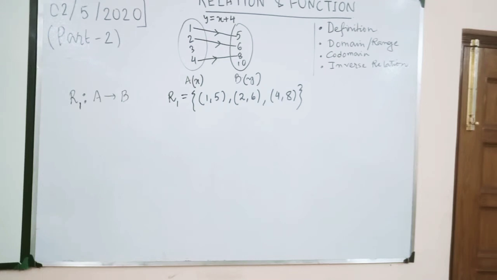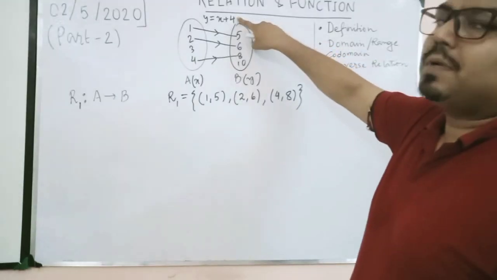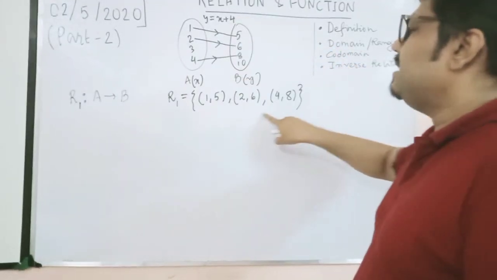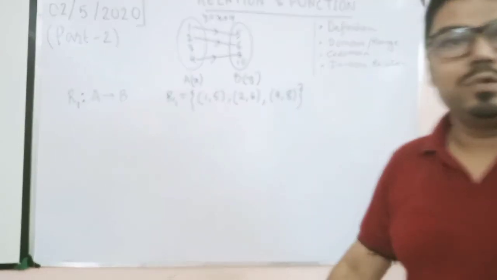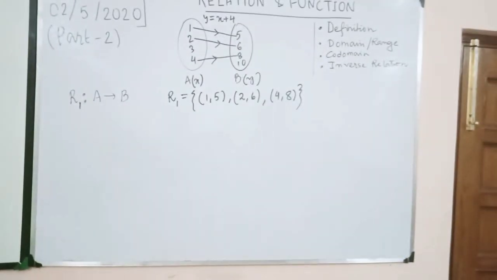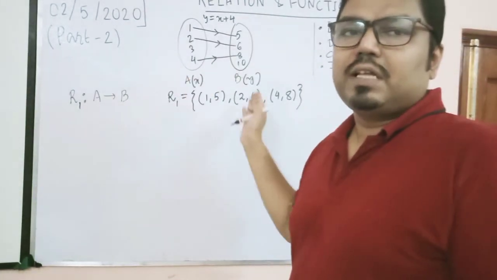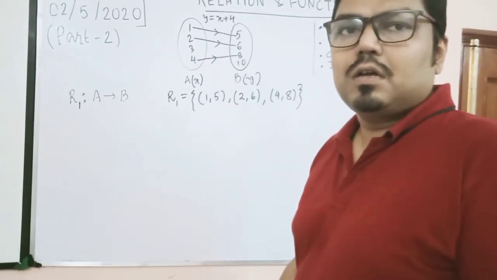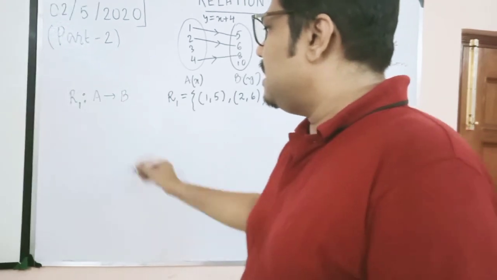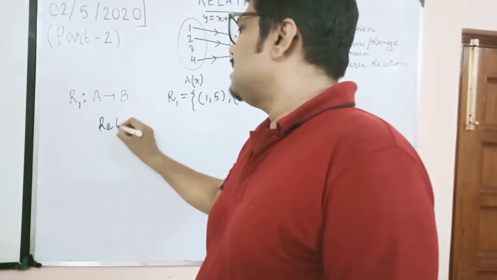The condition y equals x plus 4 is obeyed by these ordered pairs. That's why we put them. So you have seen, relation means it relates one set with another with the help of a condition. Now we see relation in much more detail.